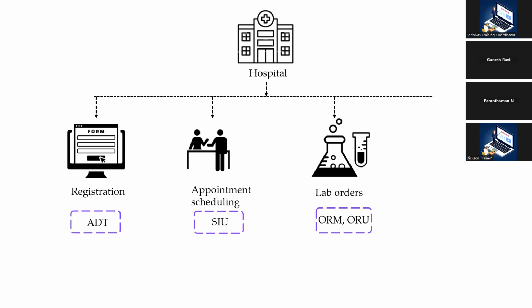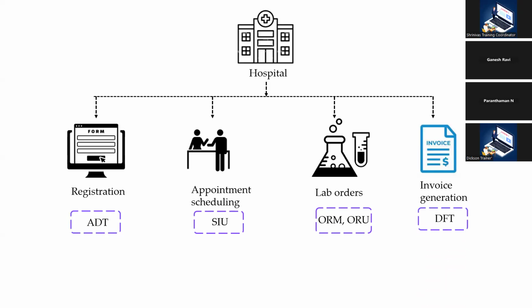And then you have ORU, which stands for Observation Result Unsolicited, which means it is a result of the observation that is made. Whatever results you generate will fall under this category. And finally, you have claim registration, which is invoice generation, and you have DFT, which is Detailed Financial Transaction.